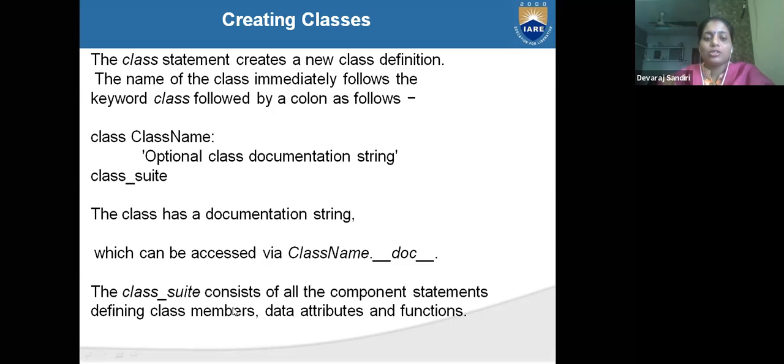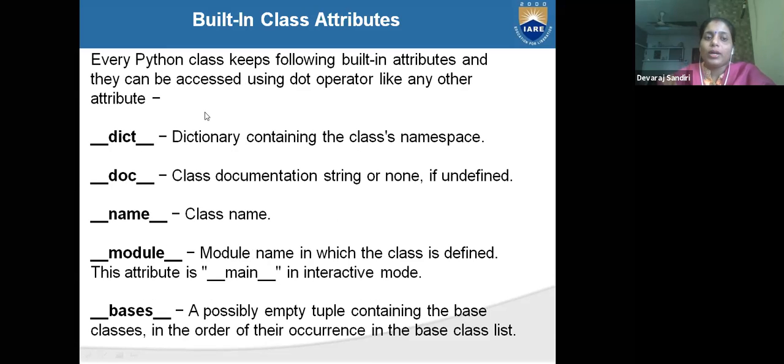Okay, the class should consist of all the components of the statement defining the class members, attributes and functions. Now, what are the built-in class attributes? In Python, a class keeps the following built-in attributes, and they can be accessed using the dot operator like any other attributes. What is __dict__?